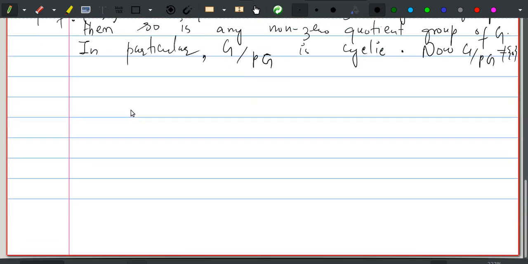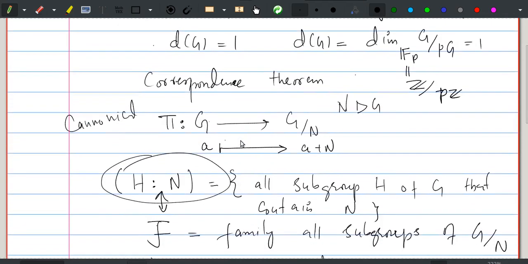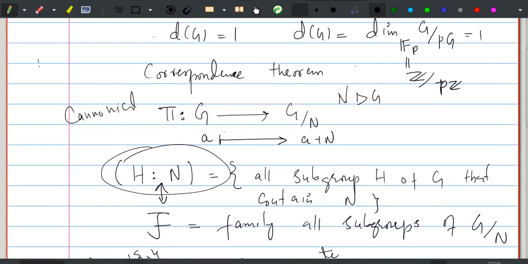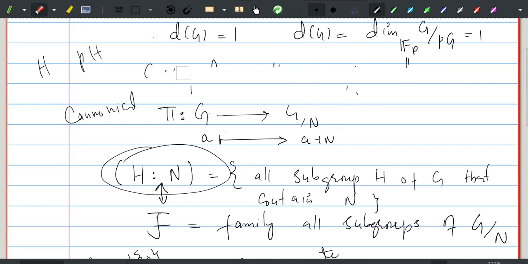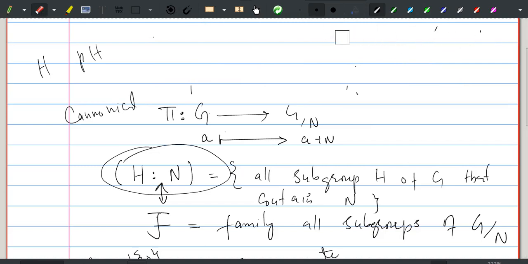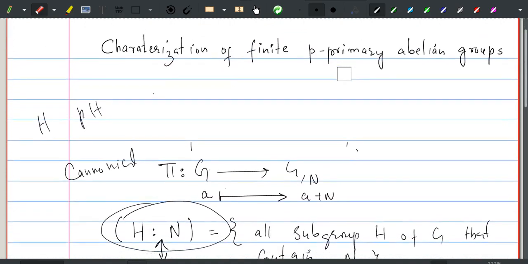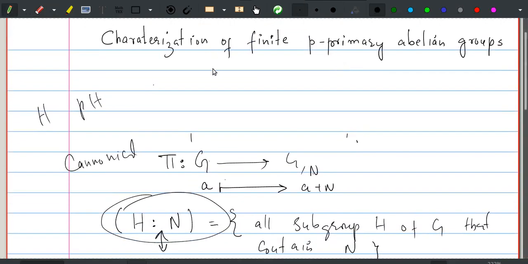Now suppose there are groups for which H is equal to pH. In fact, such groups are infinite, and we can provide here an example of such a group. These groups are called Prüfer groups.